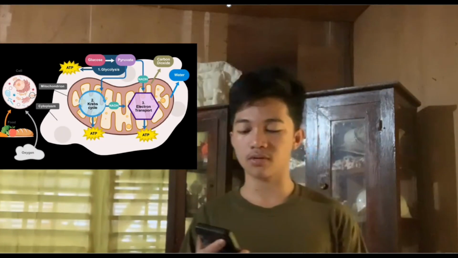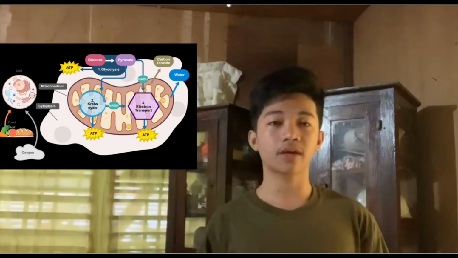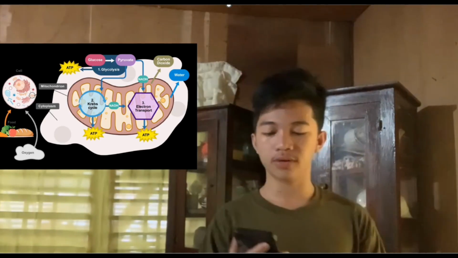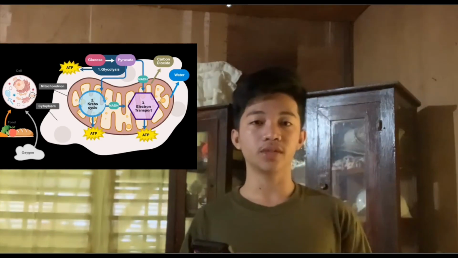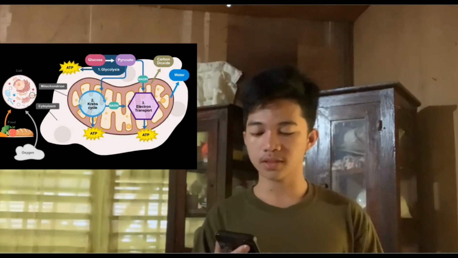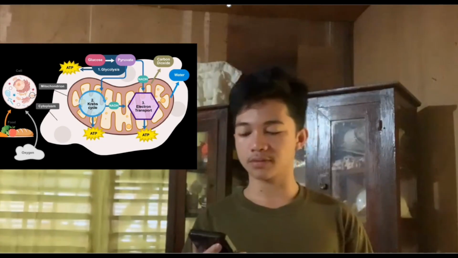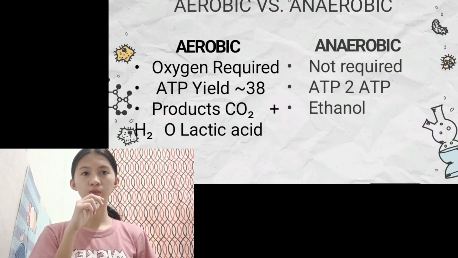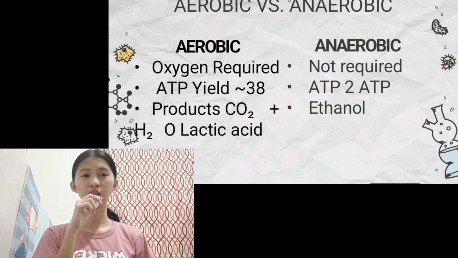The diagram shows how glucose and oxygen are used in the mitochondria. Glycolysis, the Krebs cycle, and the electron transport chain work together to produce ATP, while carbon dioxide and water are released as byproducts. Aerobic respiration generates significantly more energy compared to anaerobic respiration.